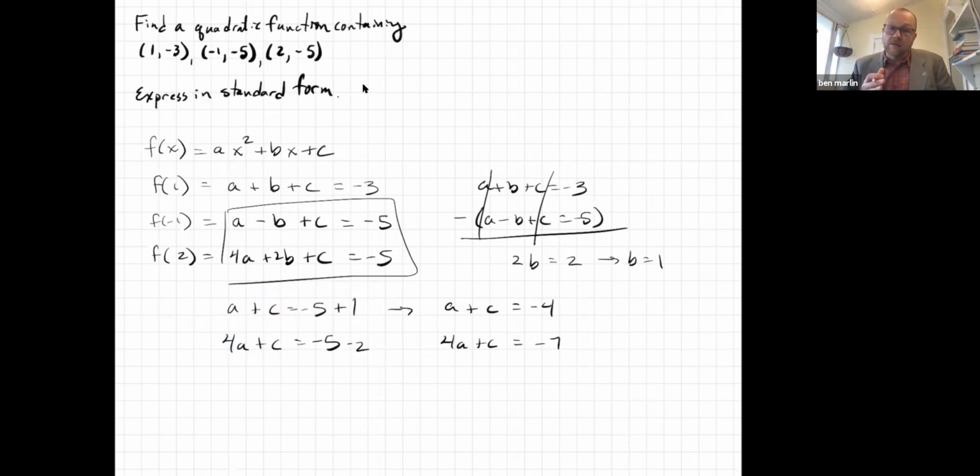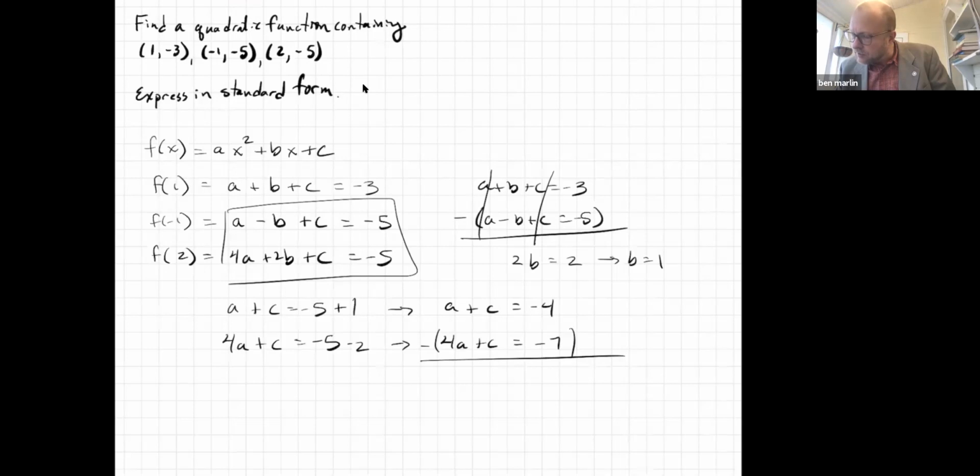Okay. Now, at that point, if you have the urge to do substitution, you can certainly do substitution. I'm trying to show you this idea of eliminating variables more. We're going to subtract, and you could subtract either direction there.